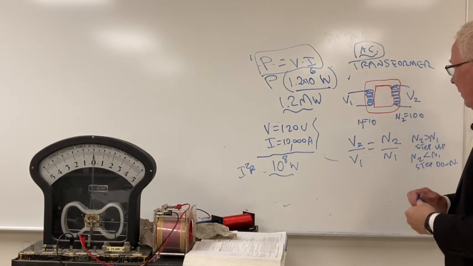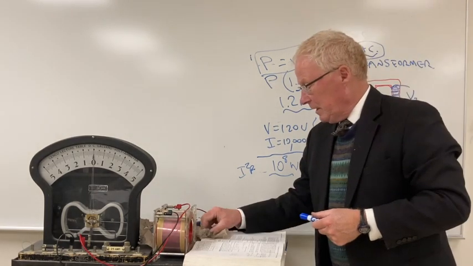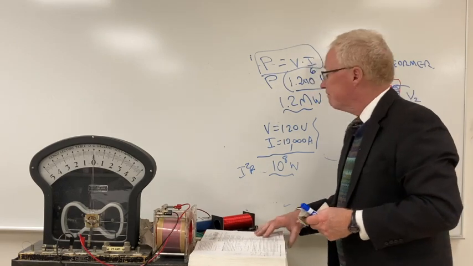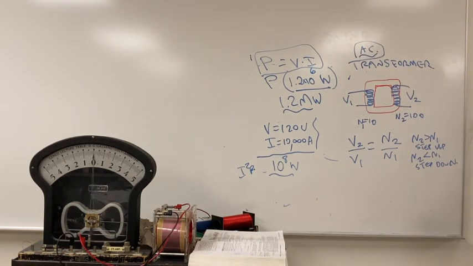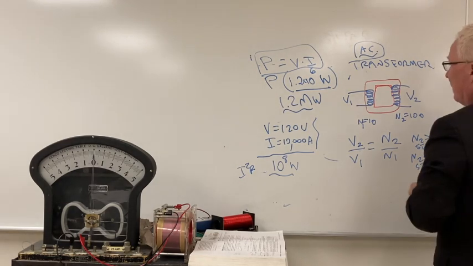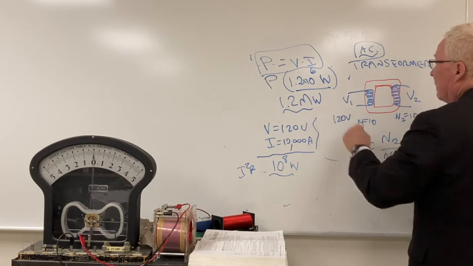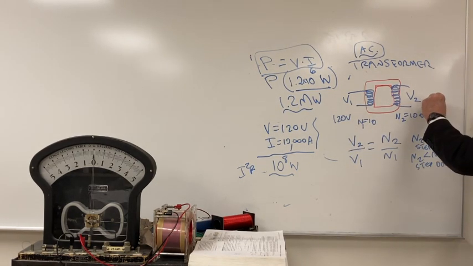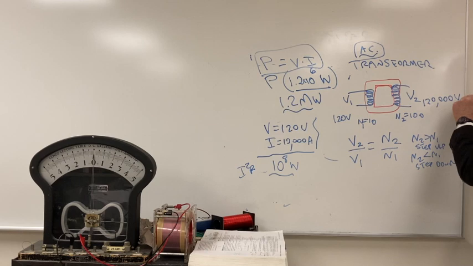So what can we do here? Say we want an example then. We come in at 120 volts. Instead of that, we want it to come out at, say, 1,000 times that, 120,000 volts.